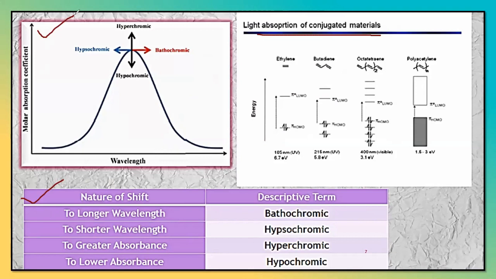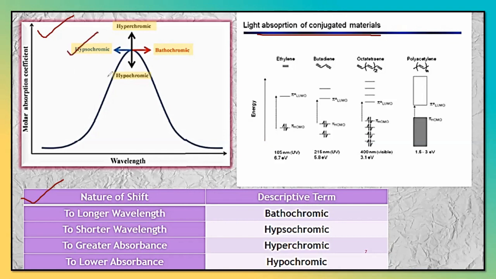This diagram is molar extinction coefficient versus wavelength, and here four different terms come up. First is hypsochromic shift, second is hyperchromic, third is hypochromic, fourth is bathochromic. So as you can see we have these four.